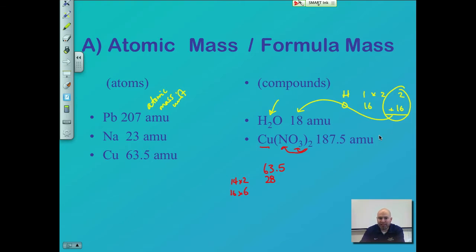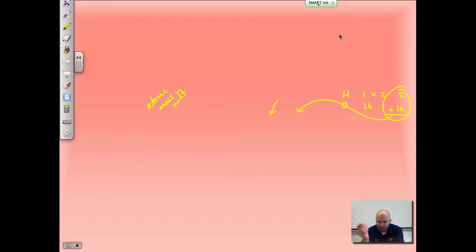So whatever 16 times 6 is, let me take my calculator. We have 96. We add that up, and it gives us our 187.5. So again, knowing our amounts of things. Okay, so that's atomic mass units and whatnot.